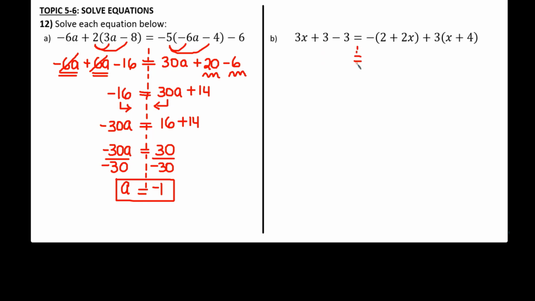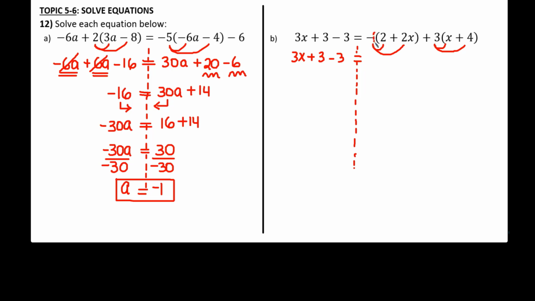So if you notice right there, this is our border. And on this side, I don't have parentheses, so all I'm going to do is bring down what I have for the time being. But on this side, I do have parentheses, so let's eliminate parentheses because that's the first step in solving equations.